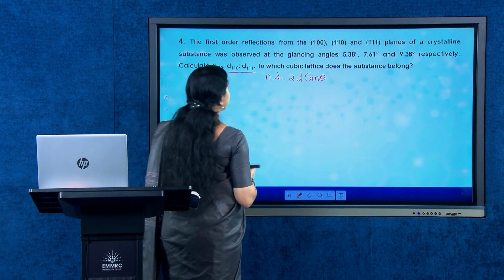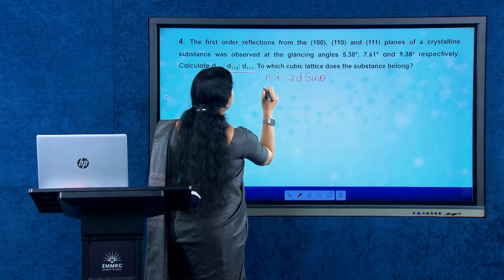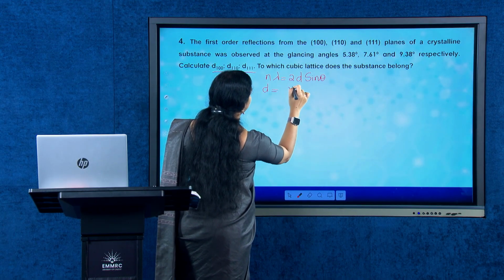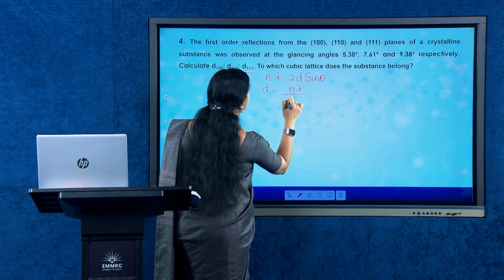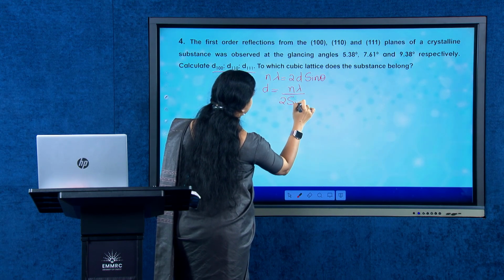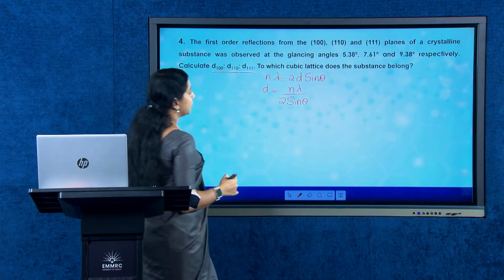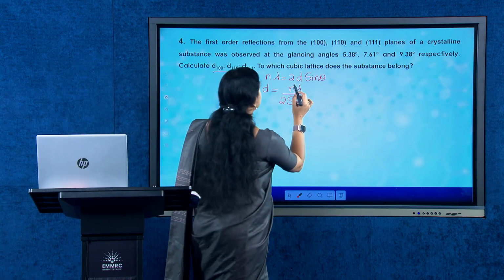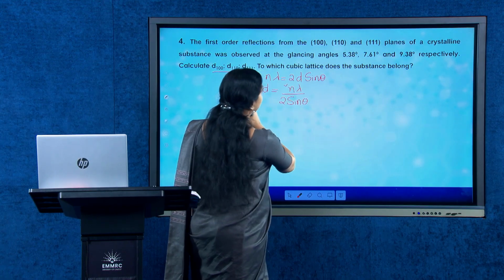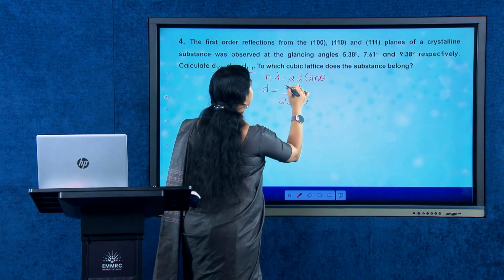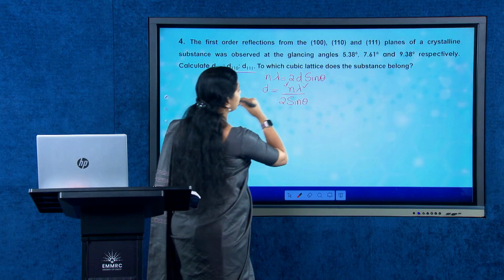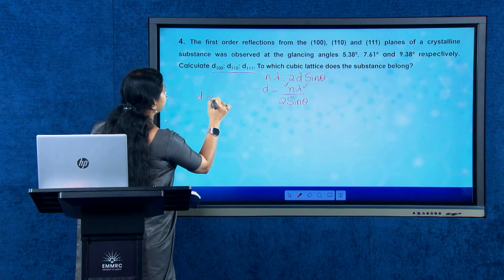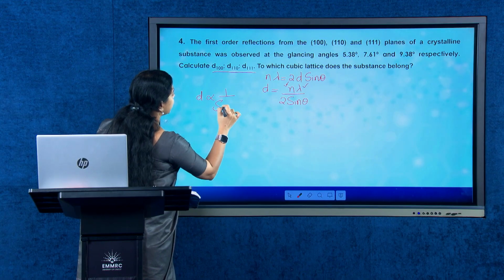So, in this equation, if we take d, d is equal to n lambda by 2 sin theta. Suppose the other parameters are constant. For example, if n is a constant, the order of diffraction, and the wavelength we use are also constant, then we can write d is proportional to 1 by sin theta.